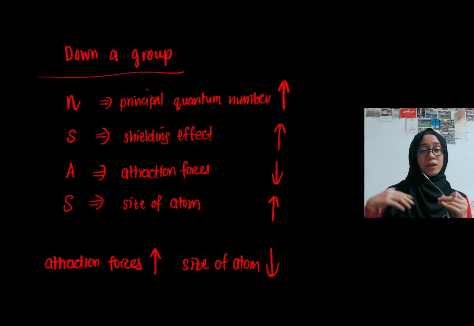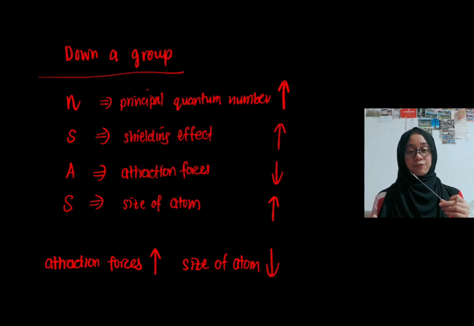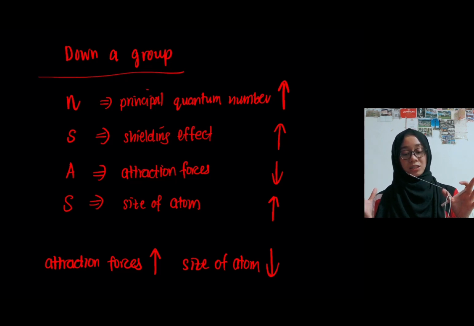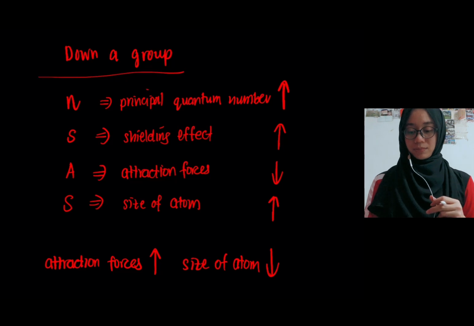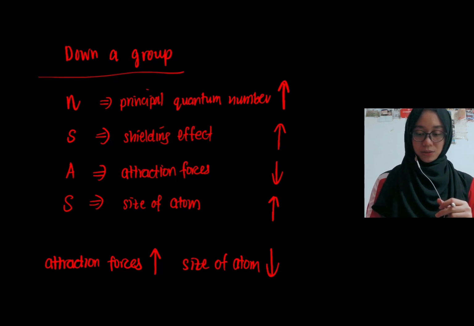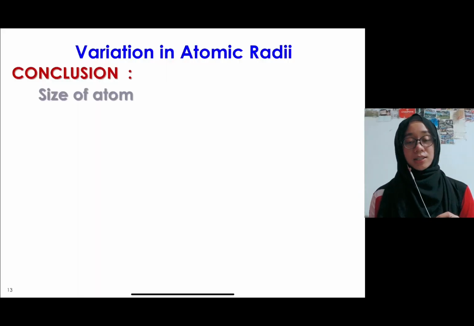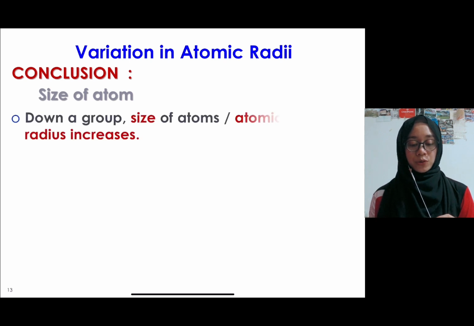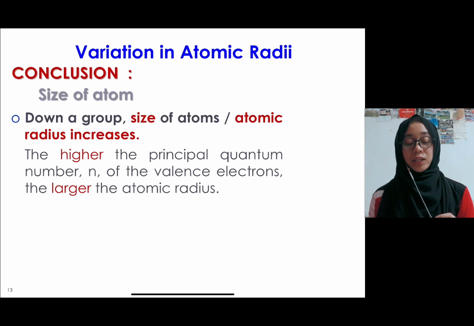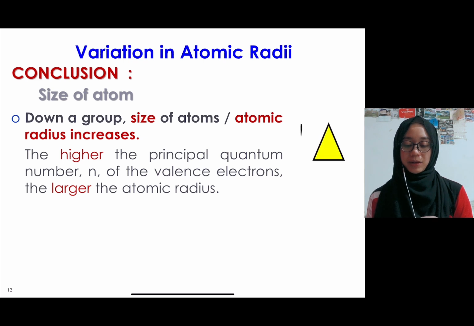Tapi kalau the other way around, attraction forces weaker, therefore size of atom becomes larger. Okay. So as conclusion, the size of atom going down the group increases. Okay, why? Because the higher the principal quantum number of the valence electron, the larger the atomic radius. Okay, so macam ni rupa dia.